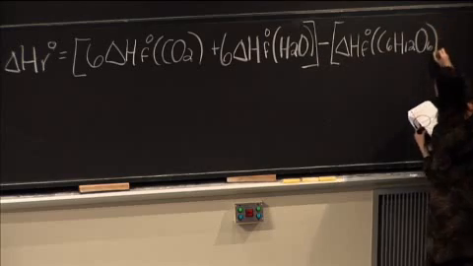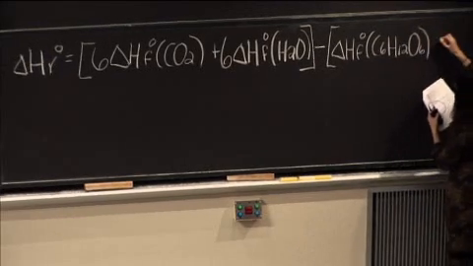So we only have 1 mole, so we just say delta H formation of C6H12O6. And then in addition to that, we have 6 moles delta H formation of oxygen, of O2. All right, so this is our equation here.